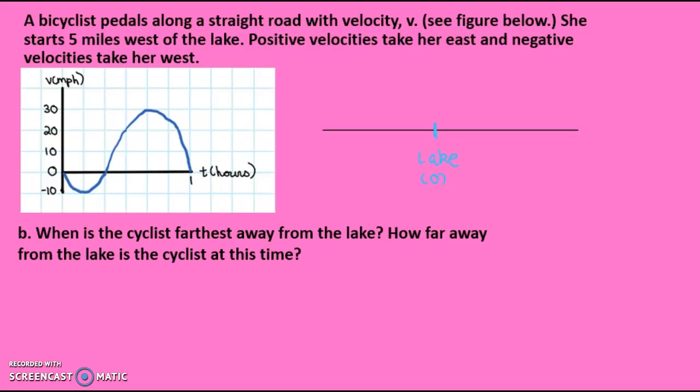Just to give you something to keep track of here, her movement west is going to be the -5 that she started initially with, plus more negative movement, or more westward movement, which is going to be -1.66. So that's going to equal -6.66, or that's her movement to the west.